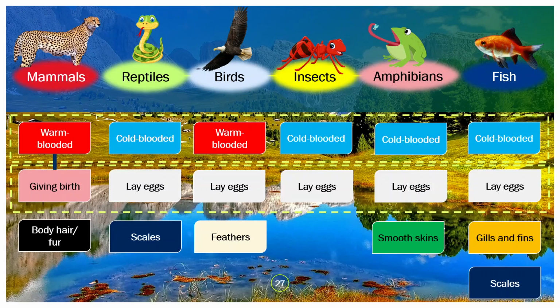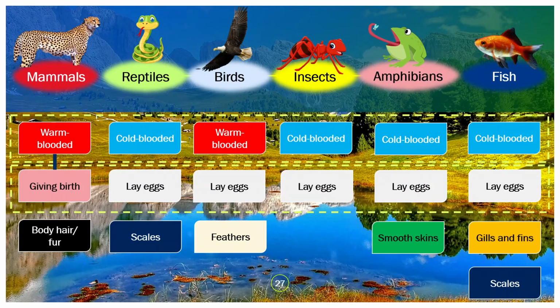For the physical appearance, let's take it this way. You just remember that cheetah is a mammal. Cheetah, snake, eagle, ant, frog, and fish. Try to imagine how they look, and I think it's easier for you.